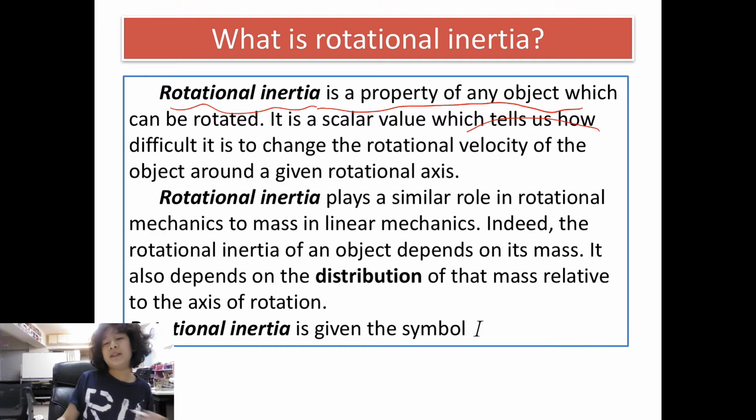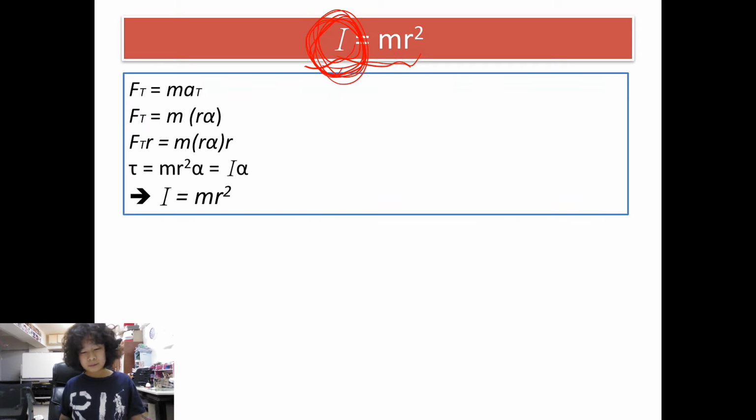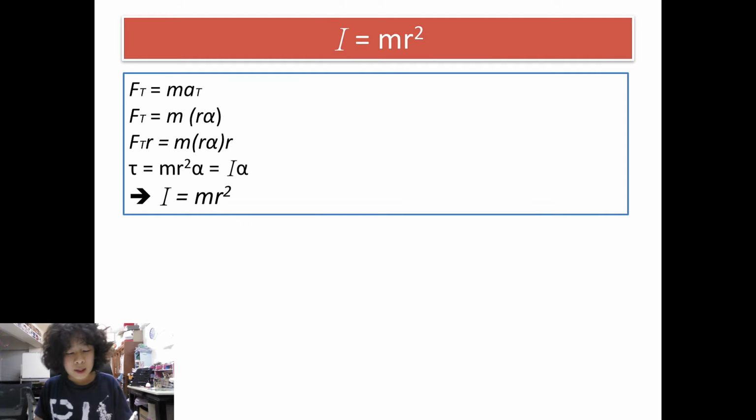Rotational inertia plays a role in rotational mechanics similar to mass in linear mechanics, and it depends on the object's mass and on the distribution of the mass relative to the axis of rotation. Rotational inertia has the symbol I.